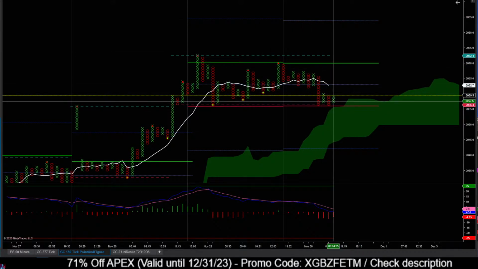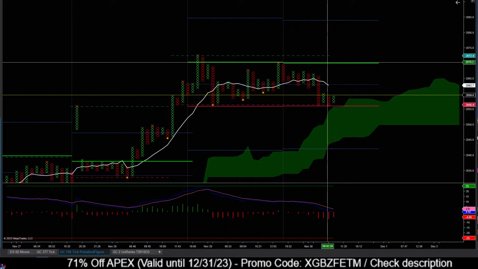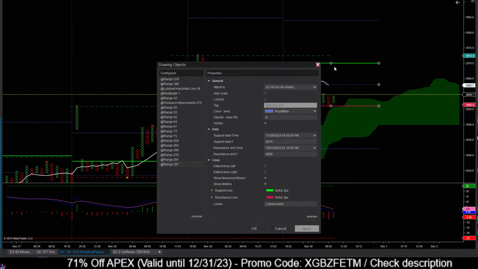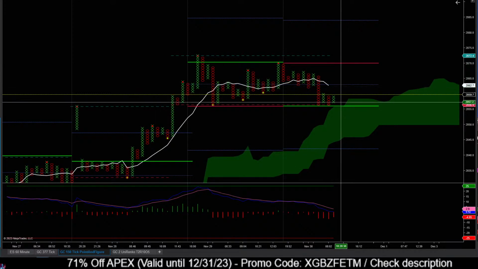So what I wanted to interpret here was that, you know what? I'm gonna change it right away: 2056 and 2070. That way, red is above and green is below.